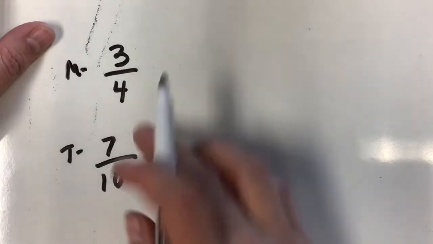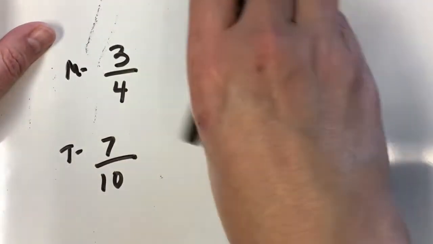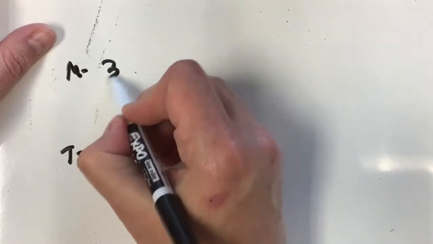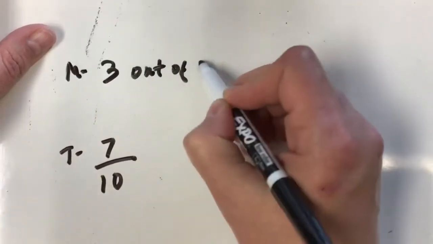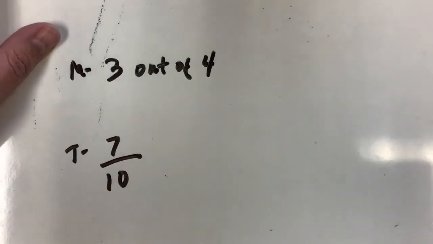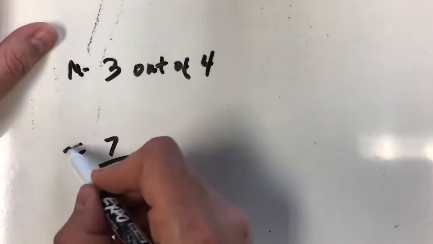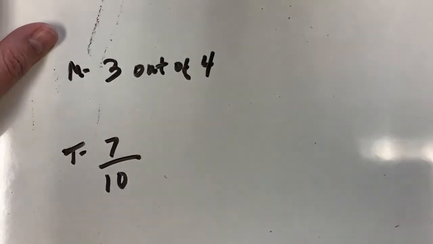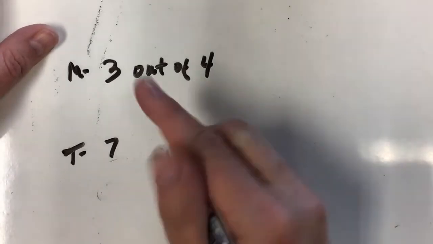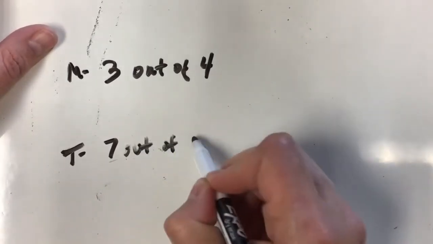And in the book, it writes it like this. Marcus completes 3 out of 4 attempts, and Terry completes 7 out of 10.